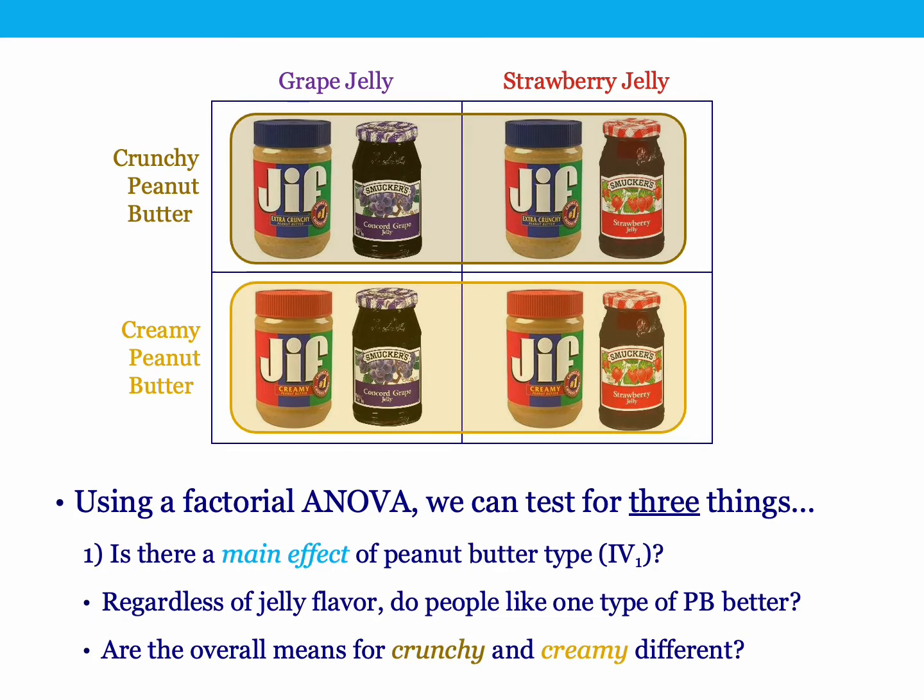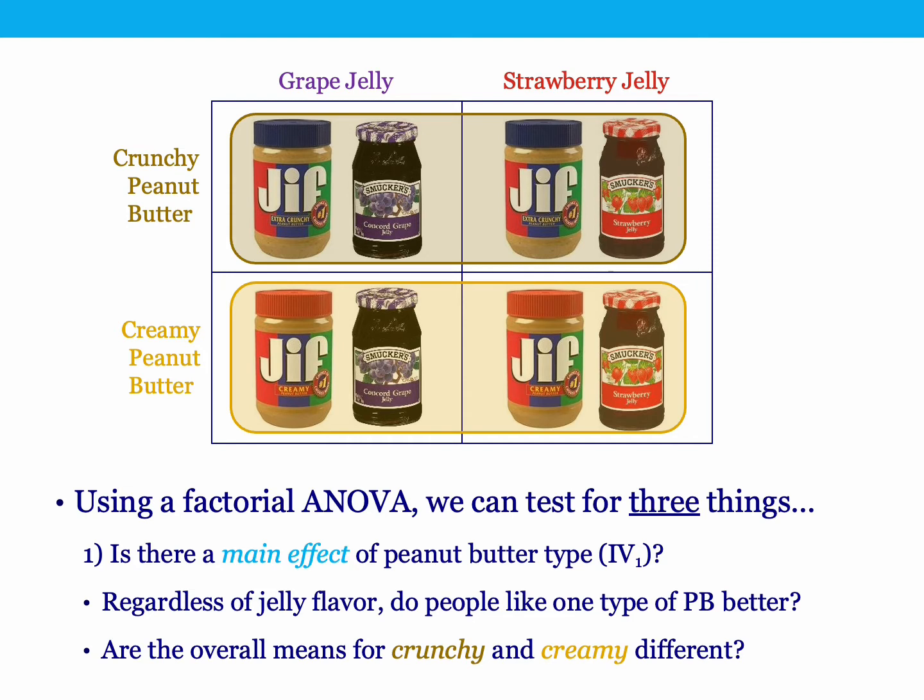So when we are utilizing a factorial design, we can test for 3 things. And the first thing we can test for each independent variable is something called a main effect.